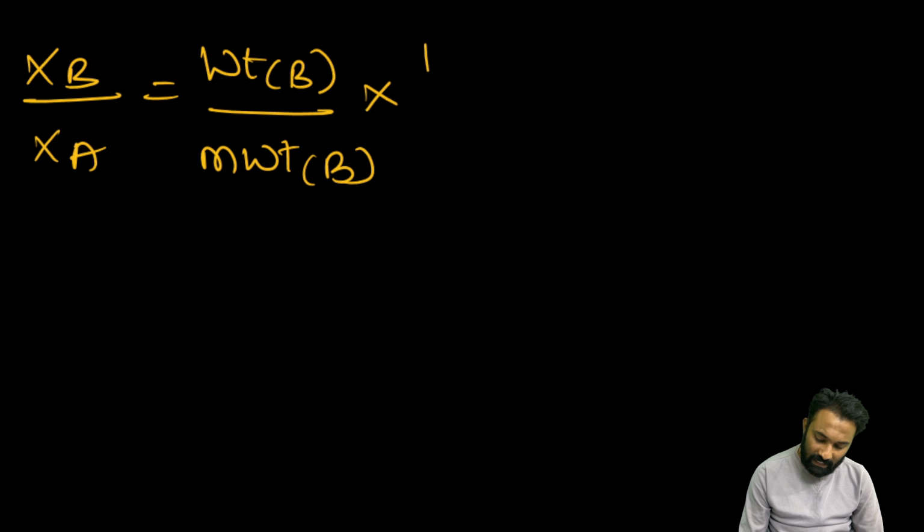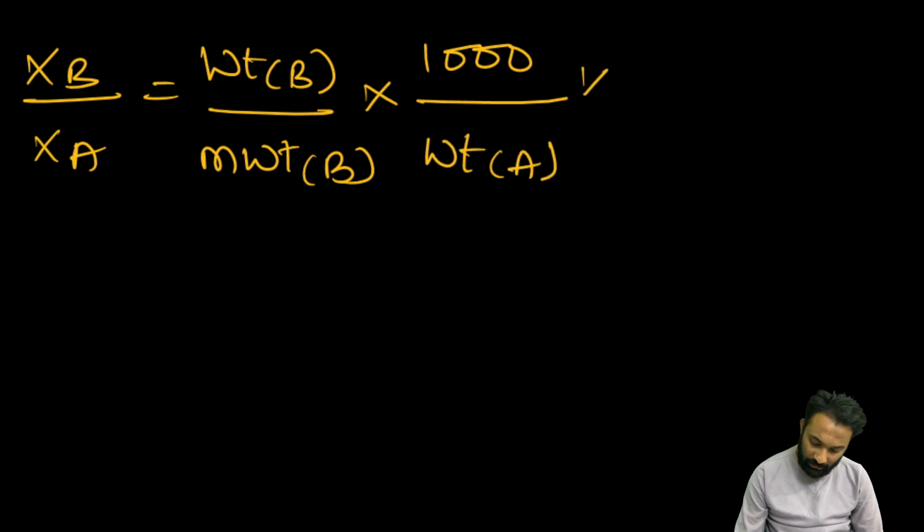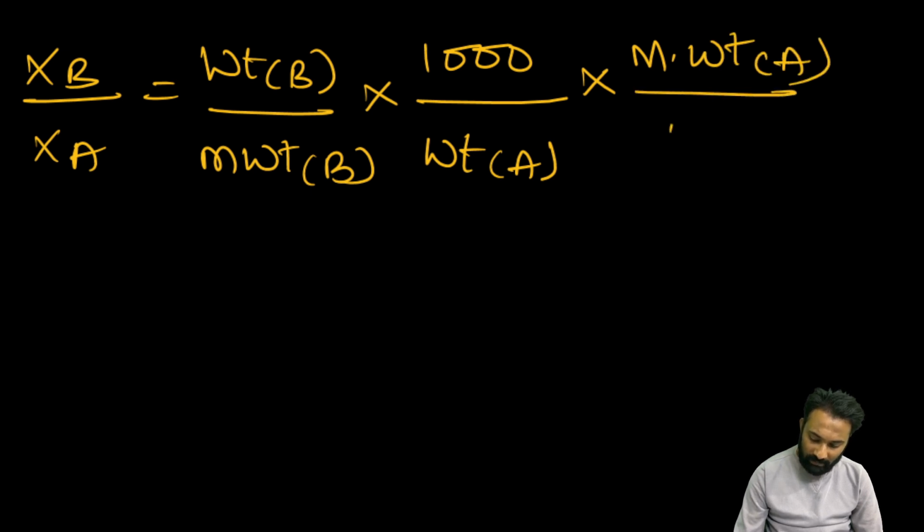For our mathematical calculation purpose, I am taking 1000 in the numerator and 1000 in the denominator: weight of solvent into molecular weight of solvent by 1000. Can I take it? Clear? Here 1000, if it is cancelled, the same formula will repeat, right?